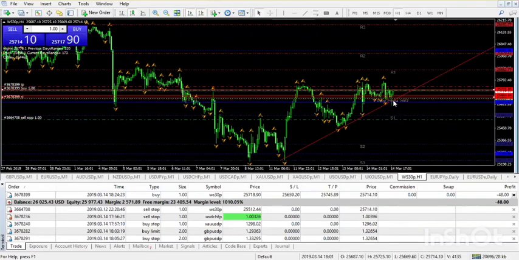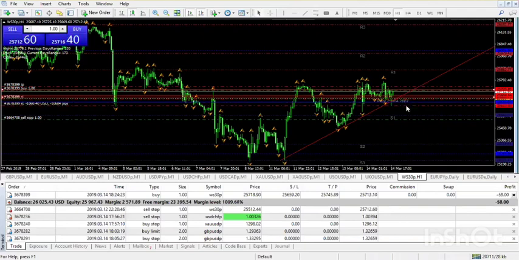But here I have put my take profit in this place, so that if the price goes further than that, you see this, I put my take profit right here. Right here. Can you see it? That is your default situation.